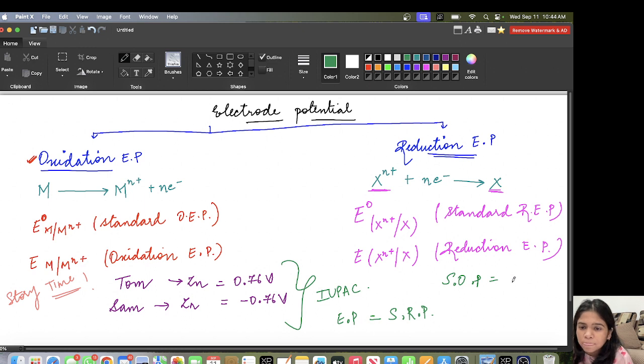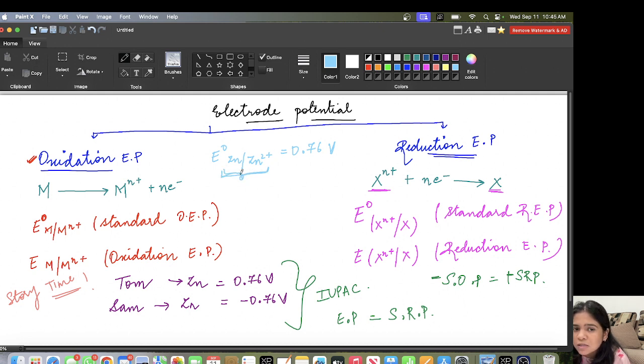Just do one thing. Standard reduction potential is just the negative of standard oxidation potential, right? So if I'm writing this, E naught of Zn and Zn2 plus is 0.76 volt. Is this your electrode potential? Just find it out. How will you find it out? Just focus on this notation, Zn and Zn2 plus.